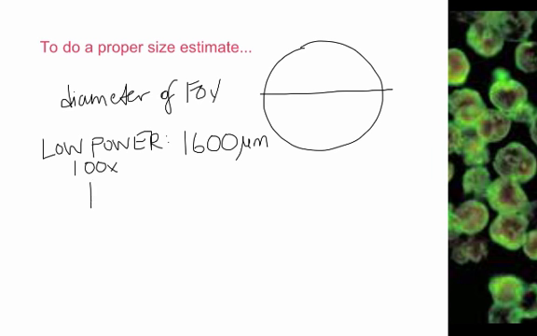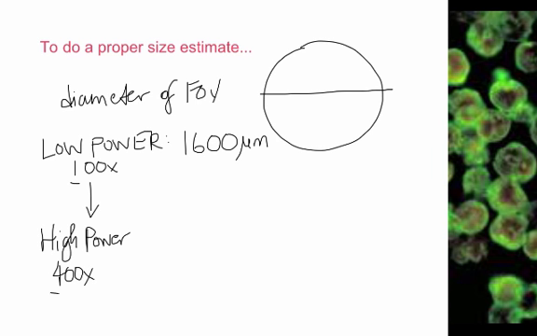Now, if I go from low power to high power, I'm going to 400x. Which means when I look at an object and I go to high power, I'm getting closer to it. So my diameter is actually going to shrink, and it shrinks by 4 times. So it gets 4 times smaller because I'm going from 100 to 400x.